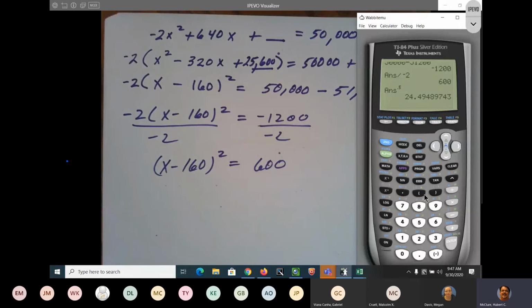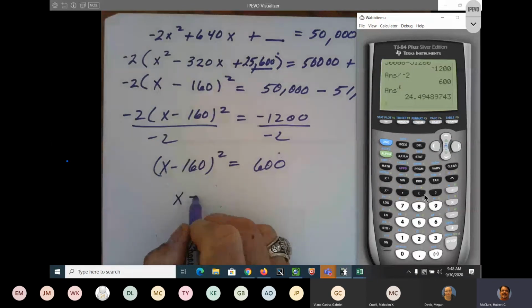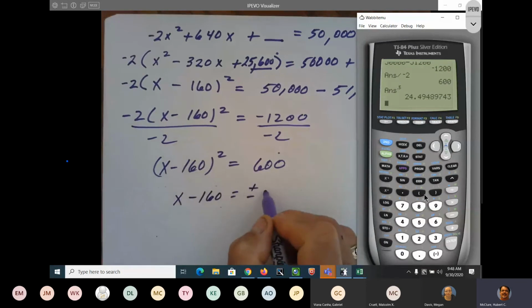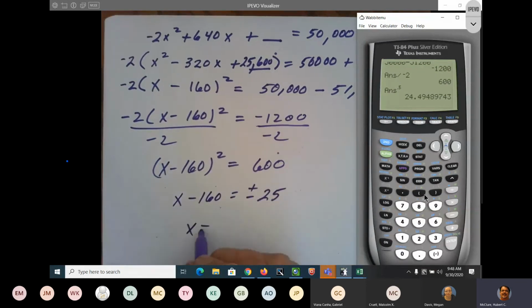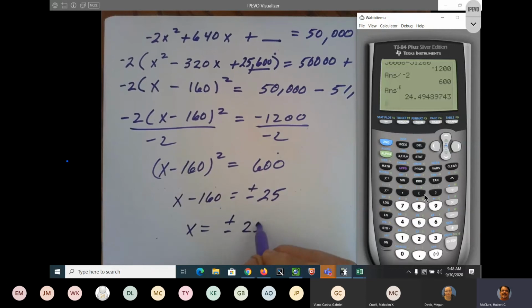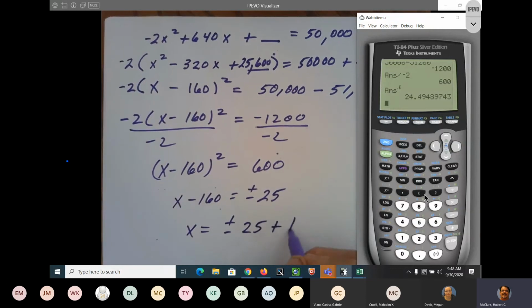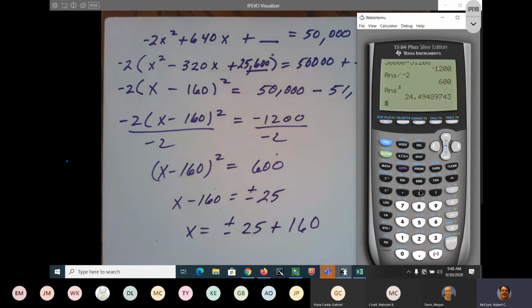I'm going to say 25. So x minus 160 is equal to positive or negative 25. And then I'm going to add 160, so x is equal to positive or negative 25 plus 160. So 25 plus 160 is 185.